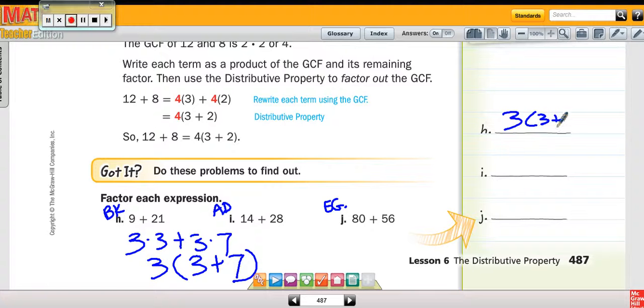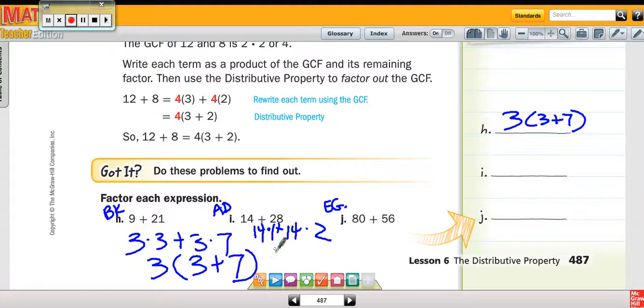Good. Letter I. Monica? Okay, so both of those you can go into 14 times, so it'd be 14 times 1, and then 14 times 2. What goes between them? There you go. Good.